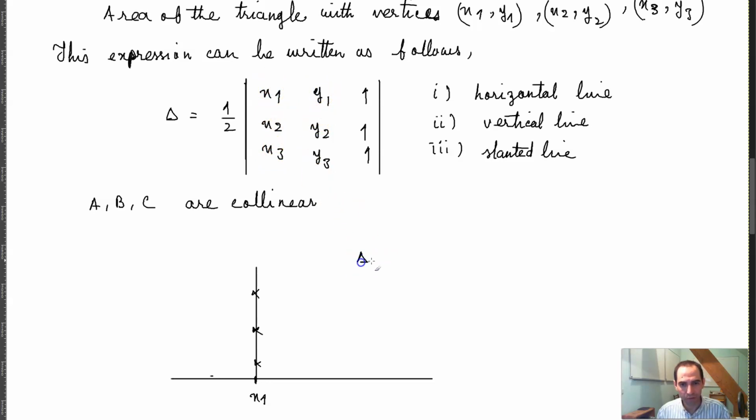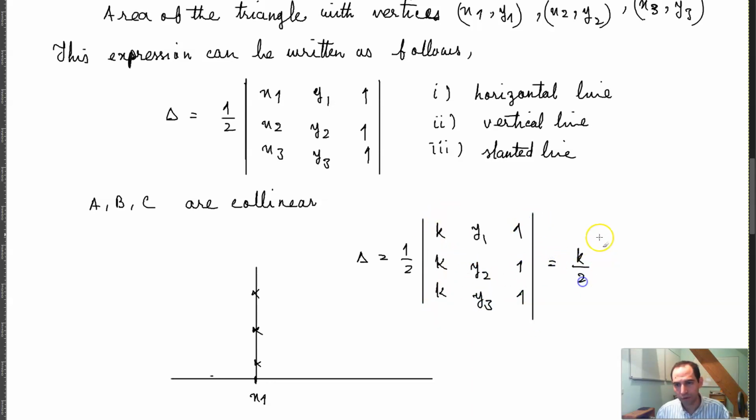Then the determinant becomes 1/2 times basically some k, k, and k, and y1, y2, and y3, and 1, 1, 1. And then I can take this k out, so that's k divided by 2 times 1, 1, 1, y1, y2, and y3, and 1, 1, 1.